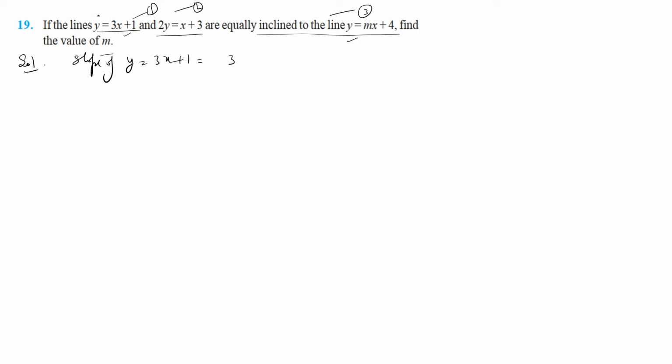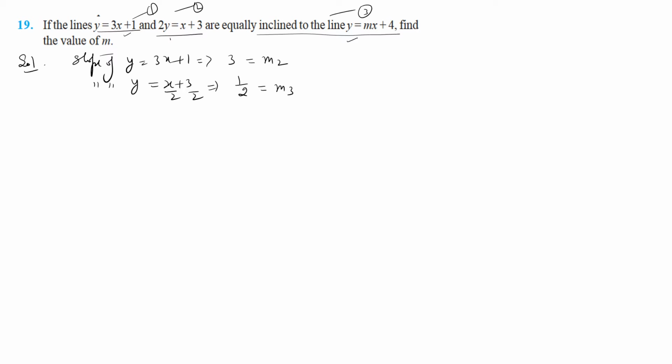Okay, and suppose we take it as m2. And the slope of line y is equal to (x plus 3) upon 2, I'm expressing this, so here the slope is coming out to be half, which we take as, say, m3.